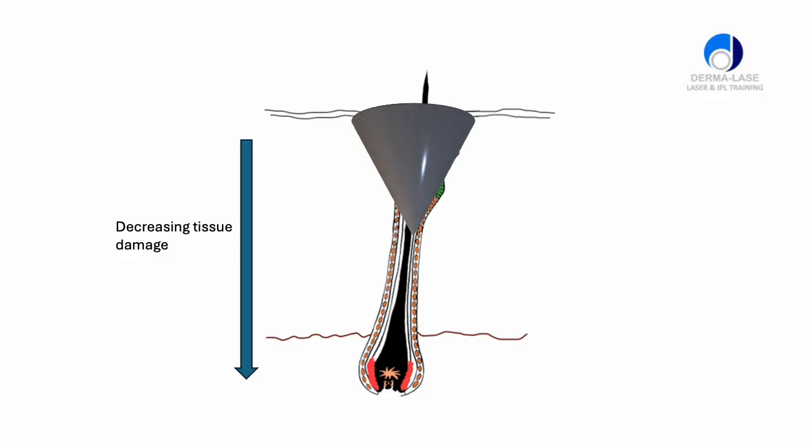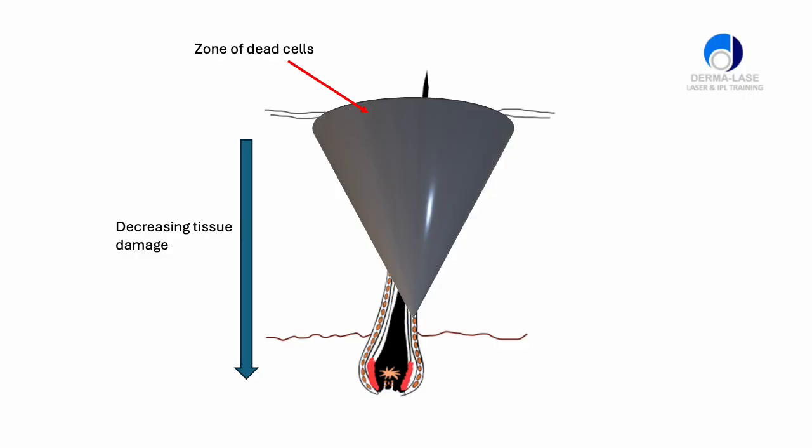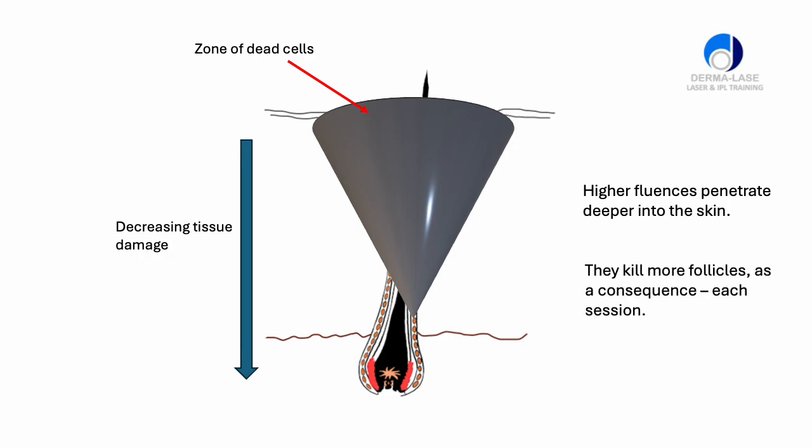So if we look at it like this, the high temperatures near the surface will cause more damage to cells than the lower, deeper temperatures. So you have this almost conical zone of dead cells. If you fire a higher fluence, then this cone of dead cells will be deeper in the skin and in the follicle, and therefore the higher fluence will kill more follicles simply because it can reach deeper follicles compared to a low fluence.